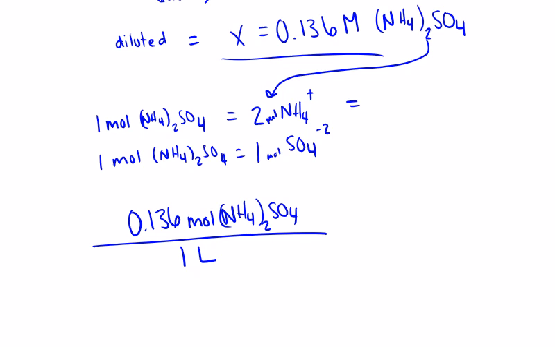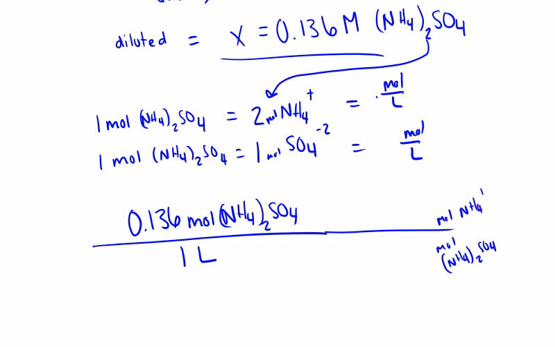Okay, if I want moles per liter for both of my ions, all I'm going to have to do is use our mole to mole ratio. So, for instance, moles of ammonium. So that's going to give me 2 over 1. So look what happens with our units.